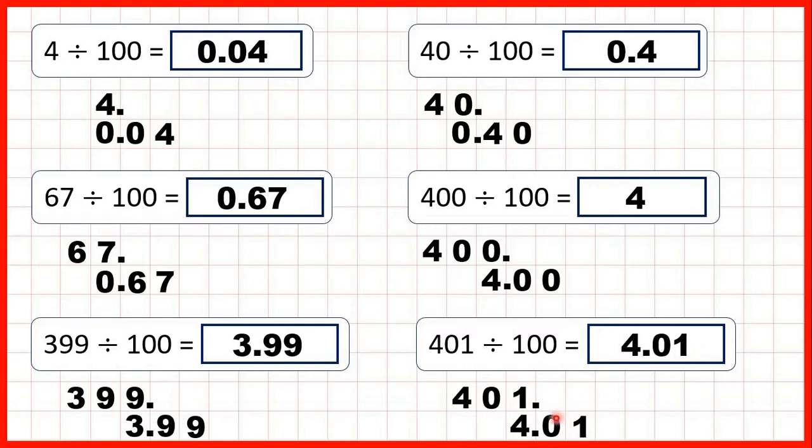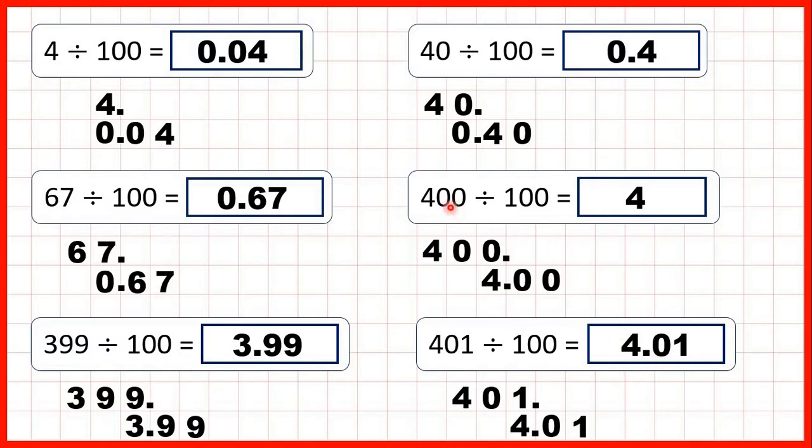And this time we need to remember to include this 0 because it's between other digits, so it's a placeholder. If we didn't write this 0, the 1 would be in our tenths column, but we need to show that the 1 has moved 2 squares across, so is now in our hundredths column. That's why we need a 0 in our tenths.